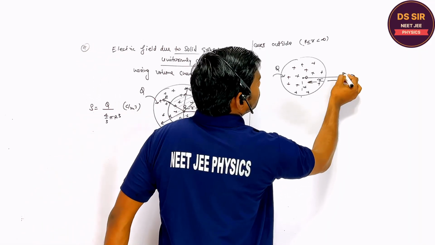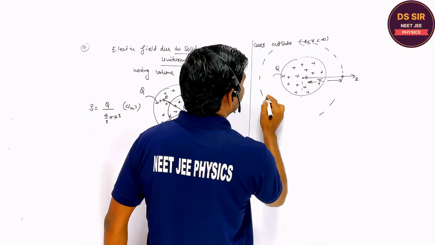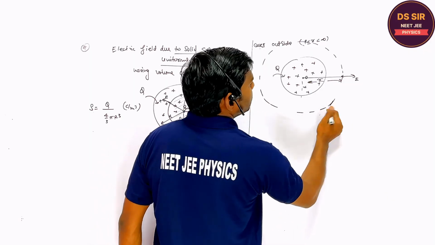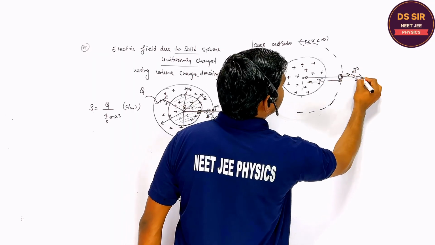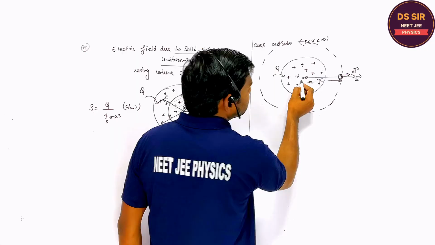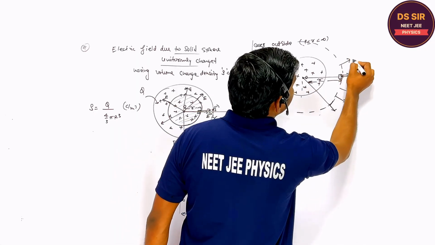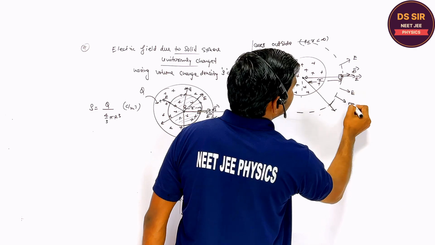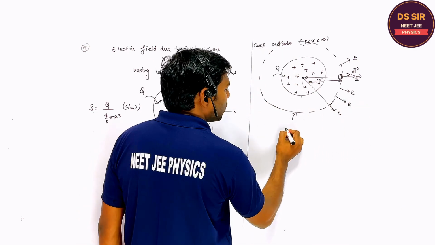So for that you will assume a Gaussian surface. This is the spherical Gaussian surface. All right. And you will assume the ds vector like this. This is the electric field vector. The charge distribution is symmetric at every point. The electric field will be E, the magnitude is E. So, if this is the Gaussian surface, apply Gauss's law.